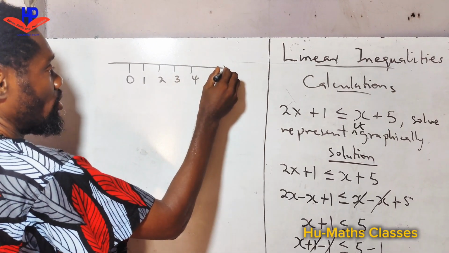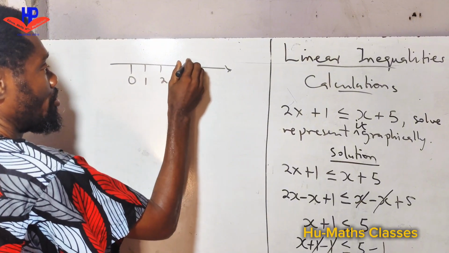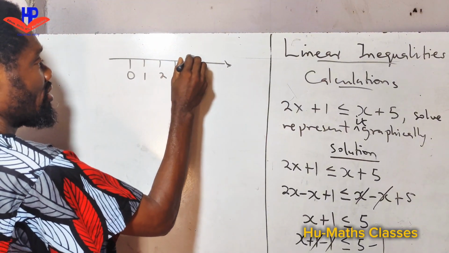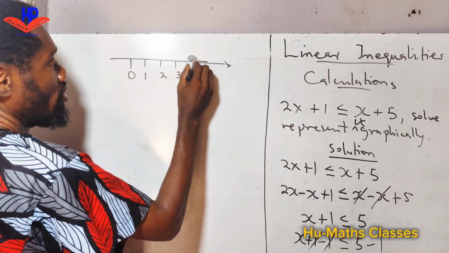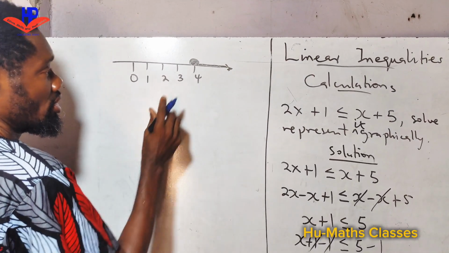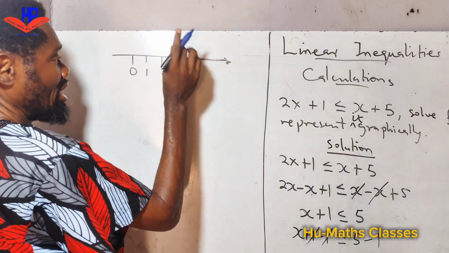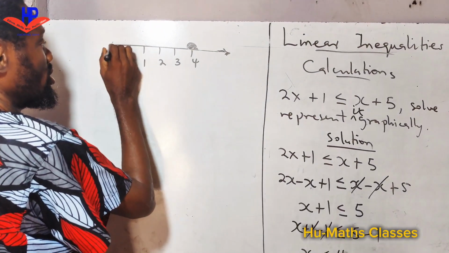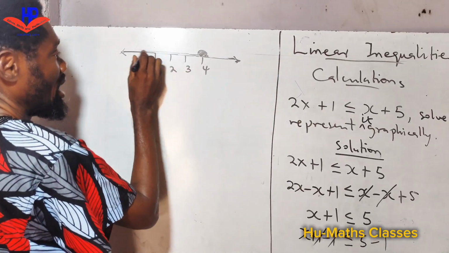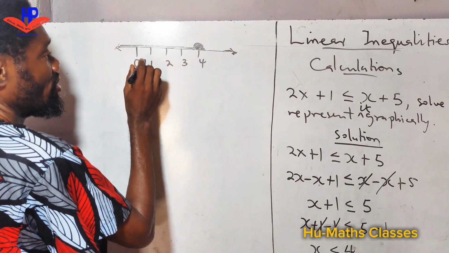You put your arrow on this line and put your circle here. Since it's inclusive, it will be shaded, and you thicken the line at the part where the arrow is showing. Since it's less than, it will be going backward. Less than will be taking you backward. So you thicken the backward line of your graph.